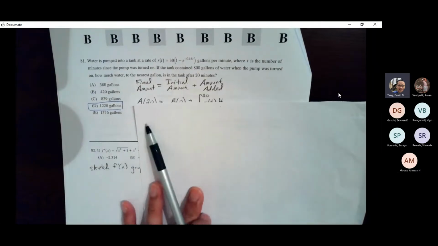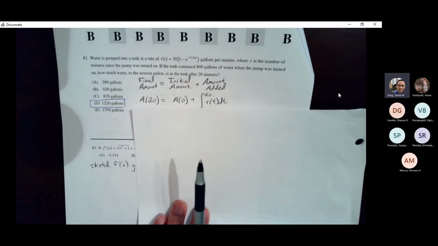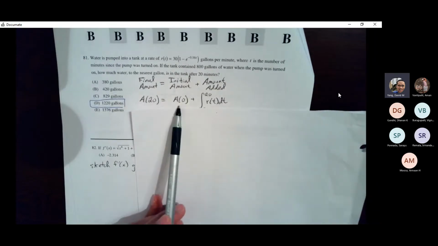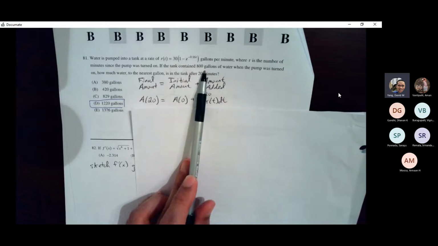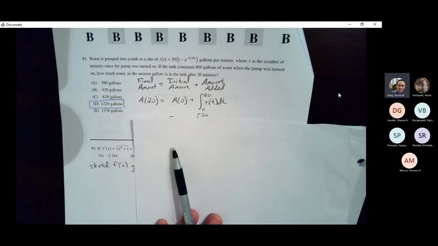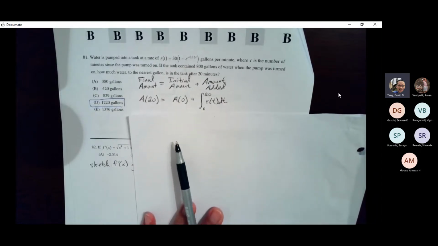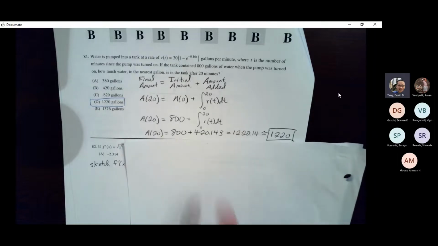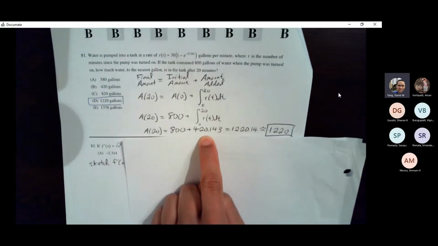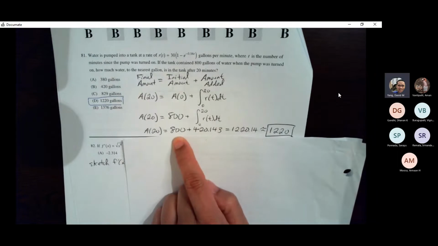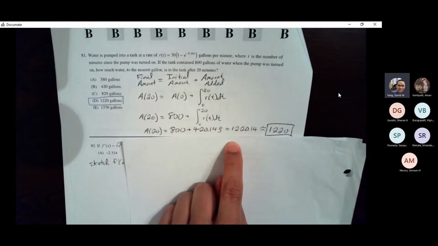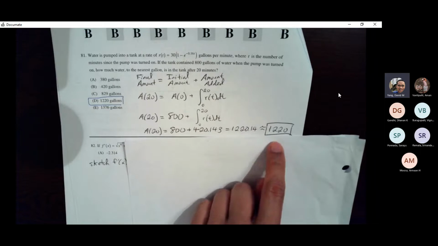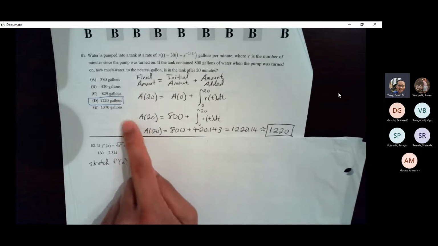I'll say A of 20. I want to figure out how much is in the tank 20 minutes in. I know how much is in the tank at 0 minutes; they told us it's 800 gallons. We just have to bridge the gap between 0 and 20. So the amount added is the integral from 0 to 20 of R of t. My calculator will give me 420. 420 plus 800 is 1220. I got a decimal value, but we want to round to the nearest whole number.